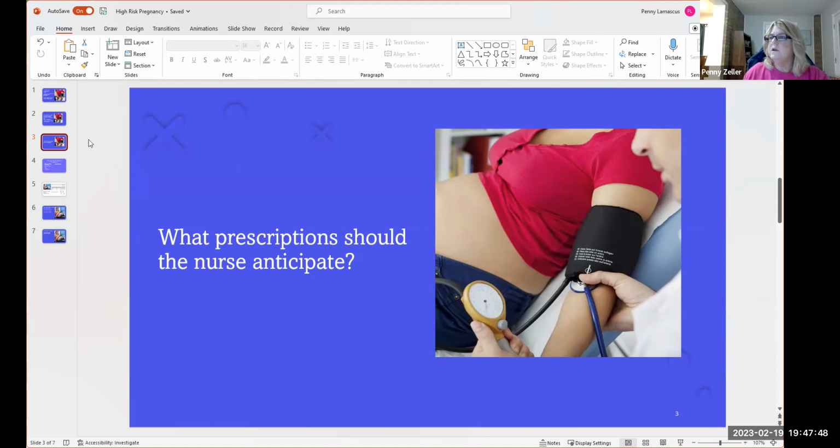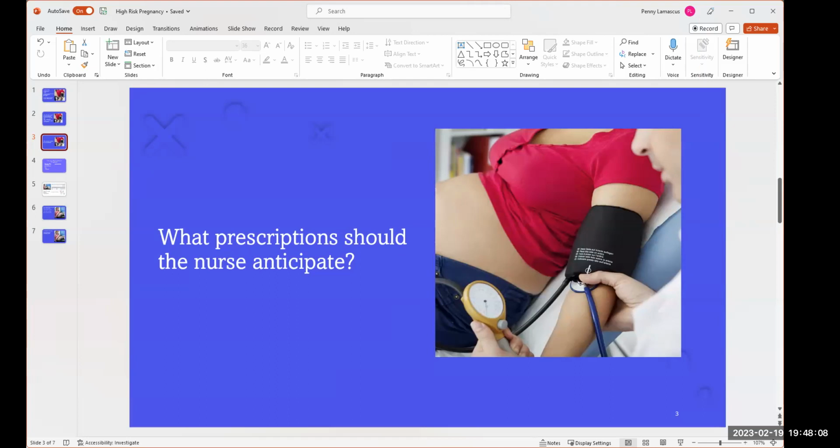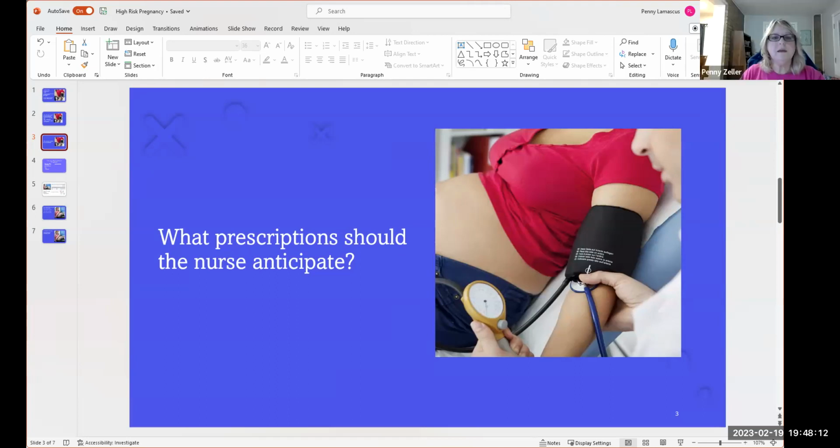Okay. So what prescriptions do we need for a client displaying signs and symptoms of preeclampsia? If the provider decided, let's admit her, what are some prescriptions that you might anticipate? Magnesium sulfate.